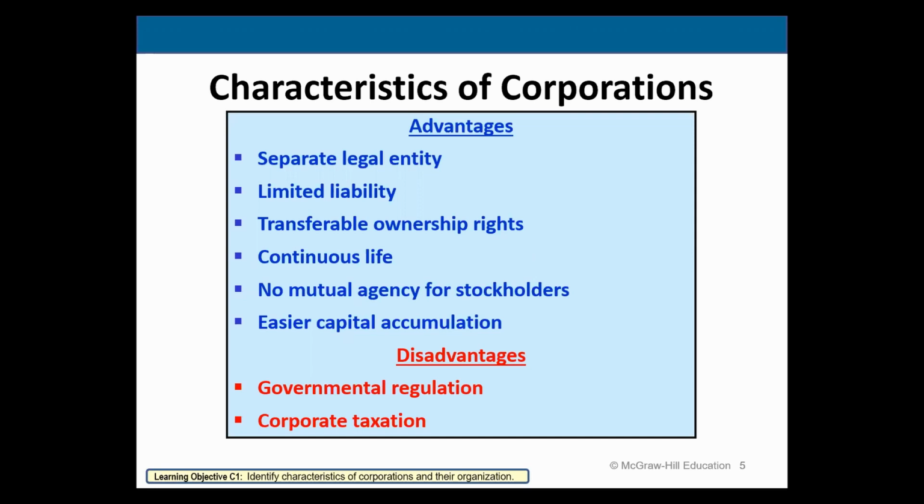And then corporate taxation. Corporations are subject to the same property and payroll taxes as proprietorships or partnerships, but they also have additional taxes. The most burdensome are federal and state income taxes that together can be 40% or more of pre-tax income. Moreover, corporate income is usually taxed a second time as part of the stockholder's personal income when they receive cash dividends.